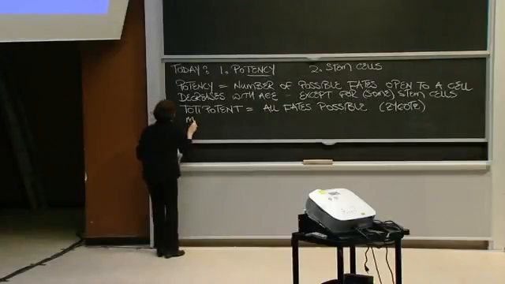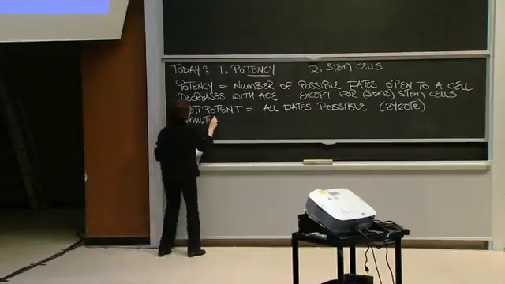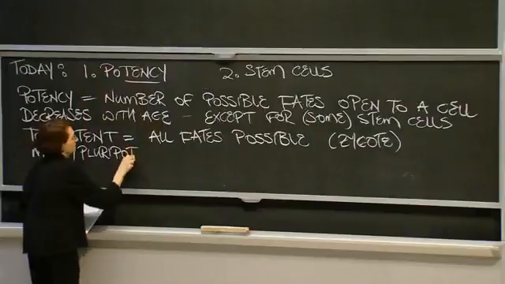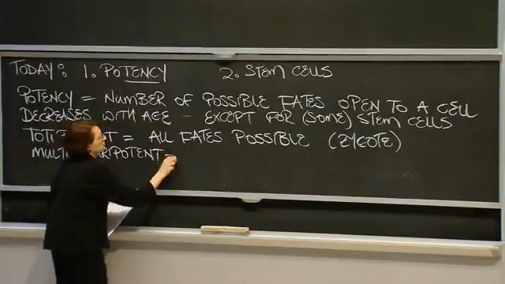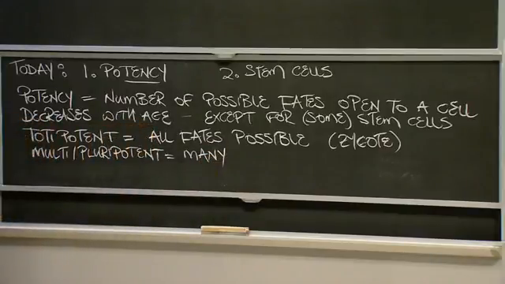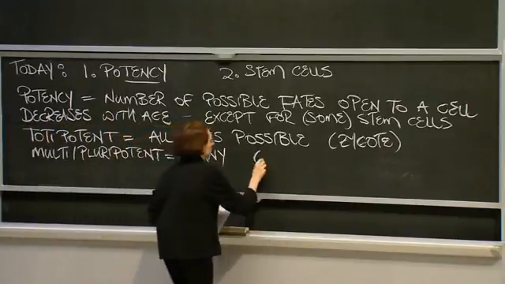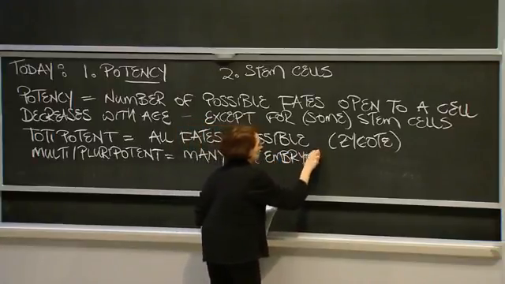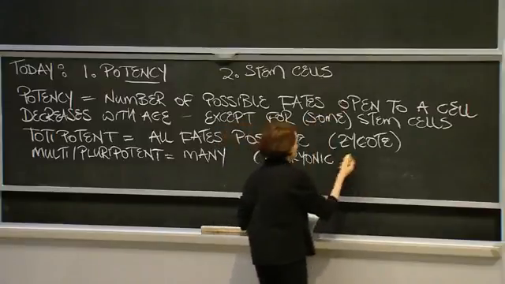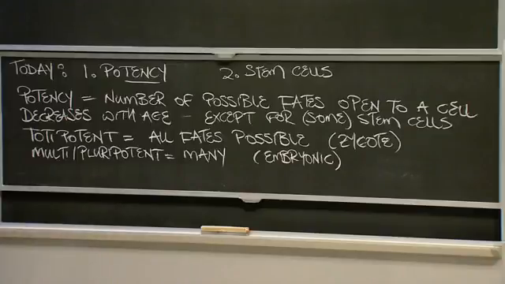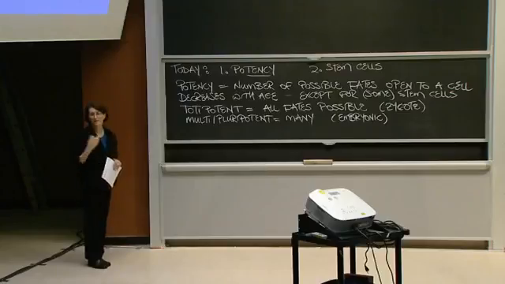And cells instead in the embryo are multipotent or pluripotent, which means that they can acquire many fates, but not all fates. Embryonic cells, especially in the early embryo, and many stem cells are also multipotent or pluripotent.